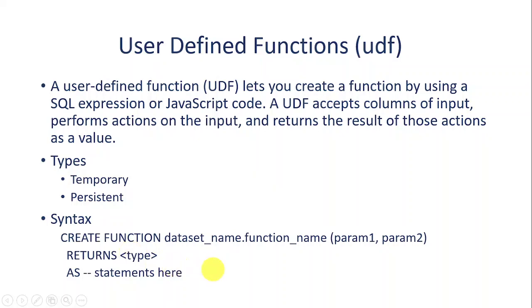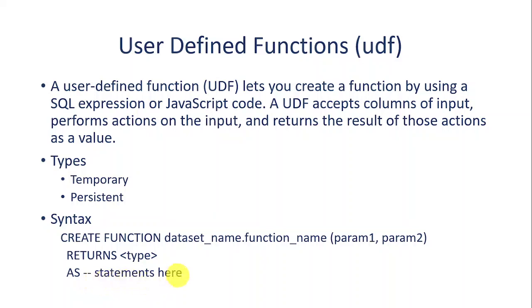The syntax is pretty straightforward. To create a UDF, we use the create function statement, followed by the dataset name, function name, parameters, and what the return type will be. Generally, it could be string or integer, whatever kind of data it is going to return. And after AS, it will be our SQL statement.